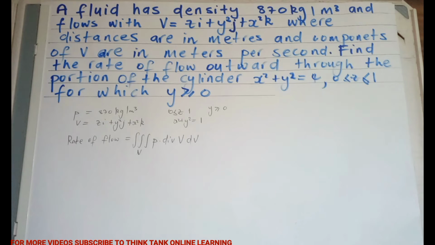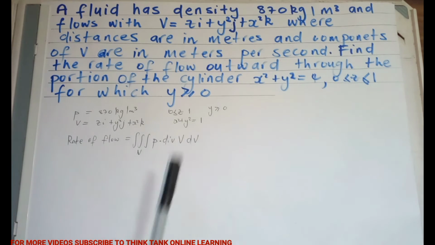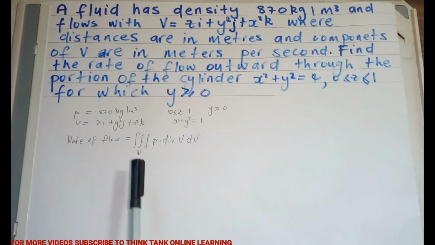So now what you want to find is the divergence of v. Then we multiply that divergence by the density, and we'll evaluate our limits.